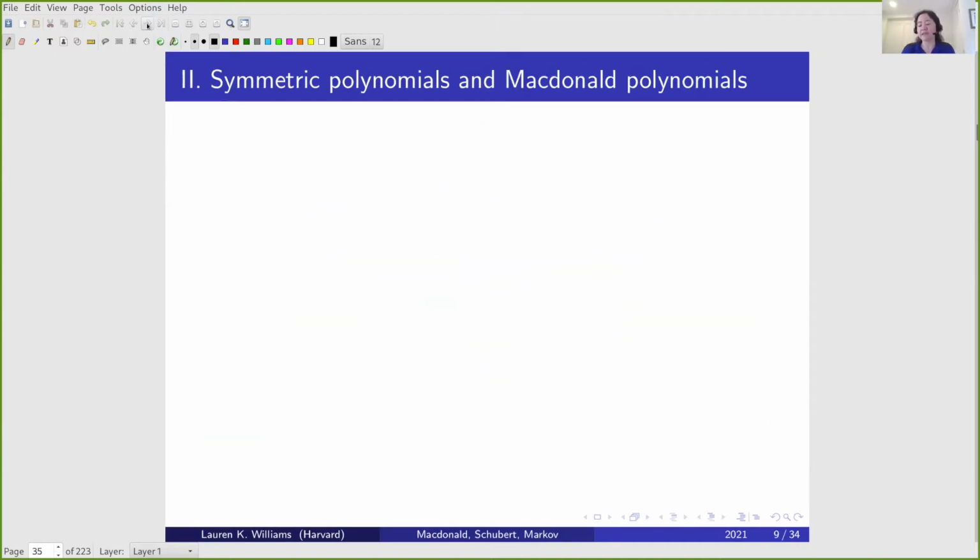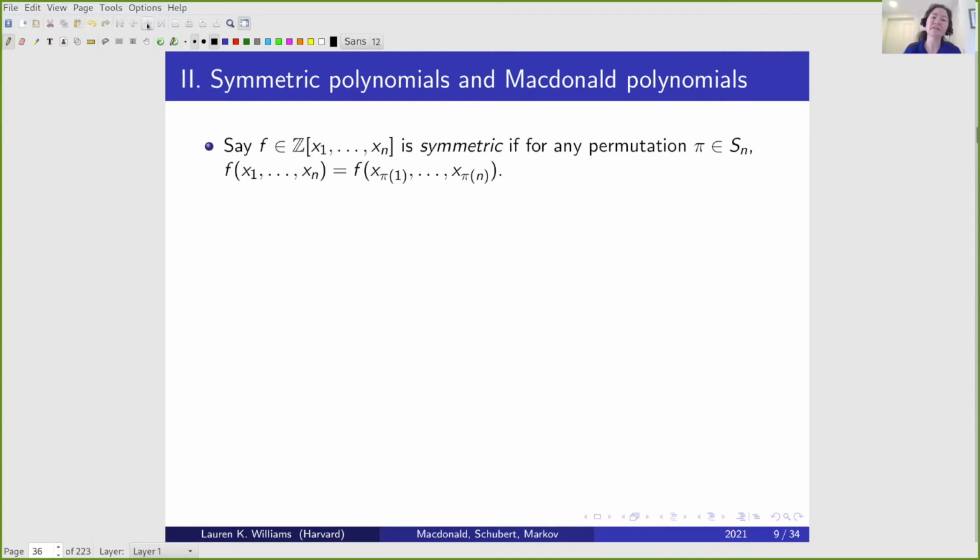Okay, so now let me shift gears a little bit and talk about Macdonald polynomials. So we say that a polynomial f in variables x1 through xn is symmetric if for any permutation pi in Sn, my polynomial f is the same as the polynomial I get if I permute its variables according to pi.